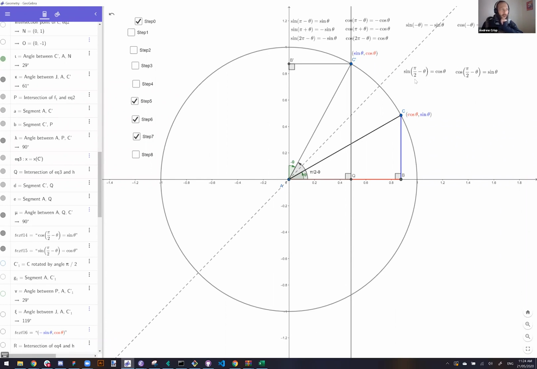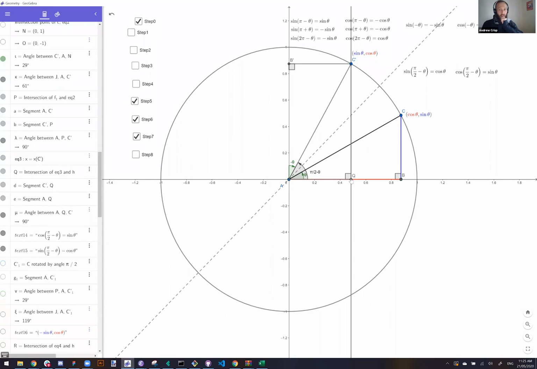If I want to know the height of my point that's traveling around the unit circle, if I go pi over 2 minus theta, well, the height is the same as cos theta. This cos theta came about because I swapped the x and y values when I did my symmetry.